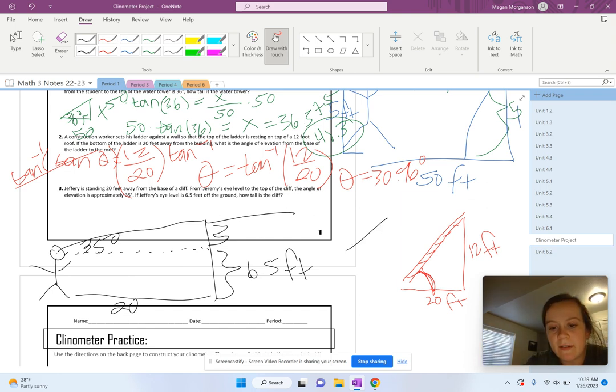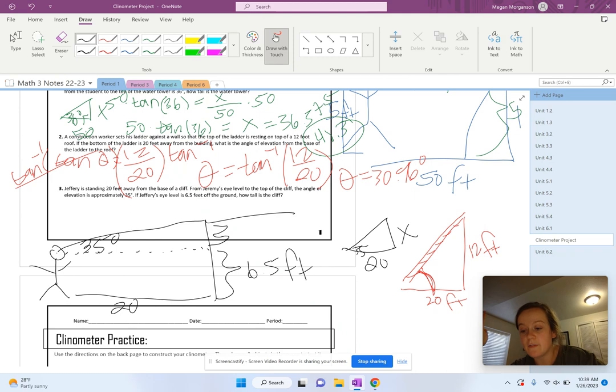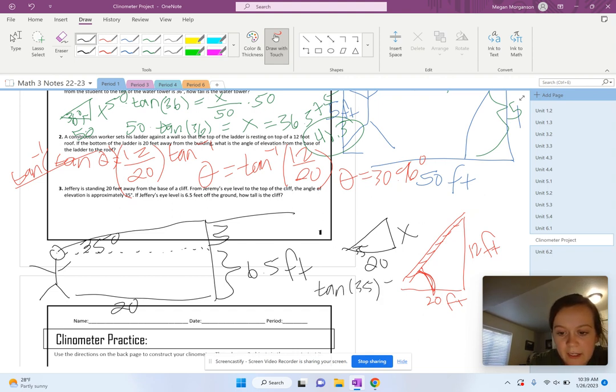Okay, so basically think of this as like a triangle here. We've got 35 degrees, we've got 20, and we need to figure out this distance. Hopefully you're figuring out a pattern by now. If you've got an angle and you've got opposite and adjacent, we're going to use tangent. So tangent of 35 equals x over 20, opposite over adjacent.